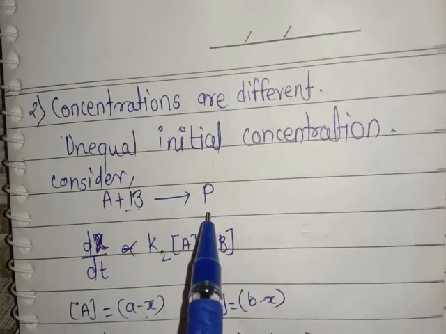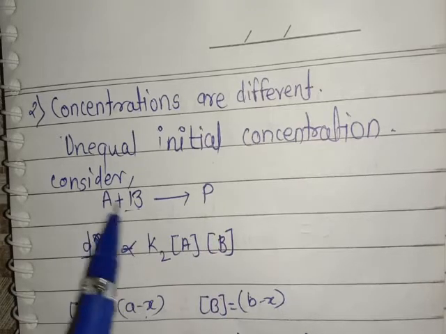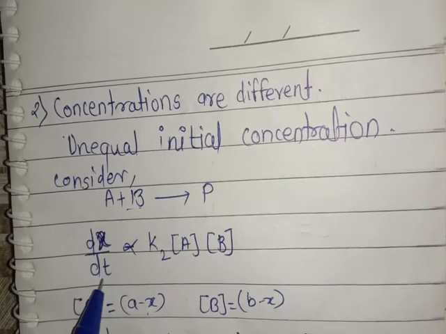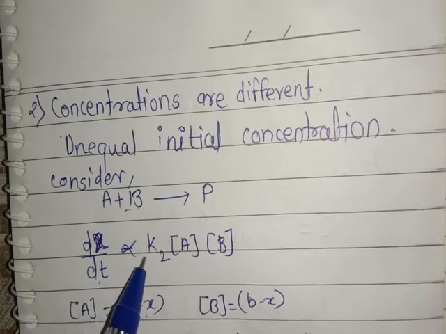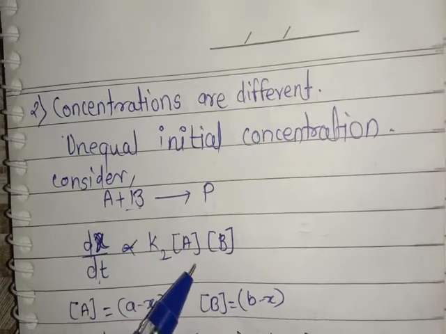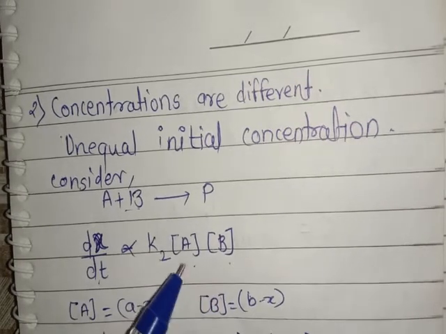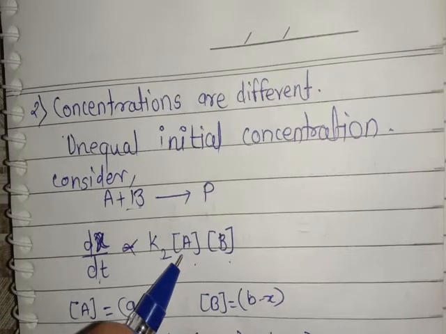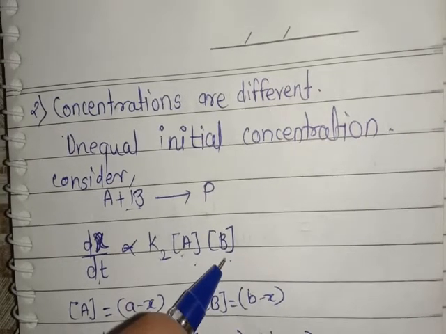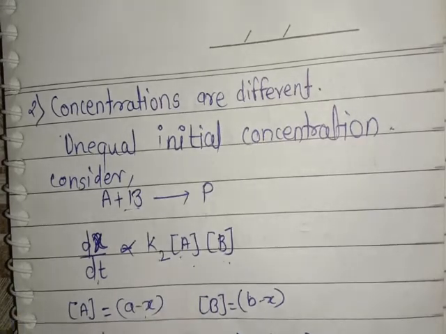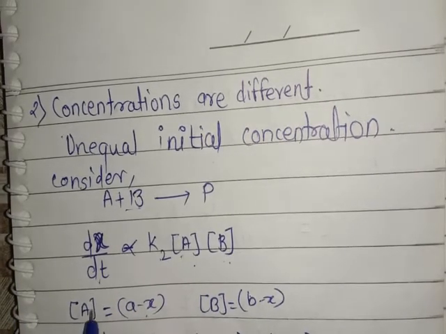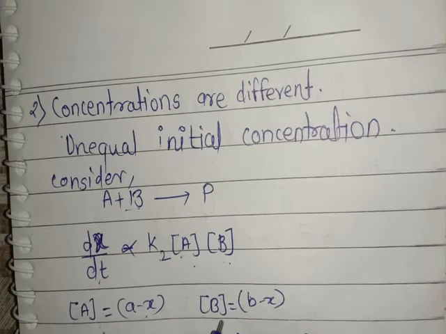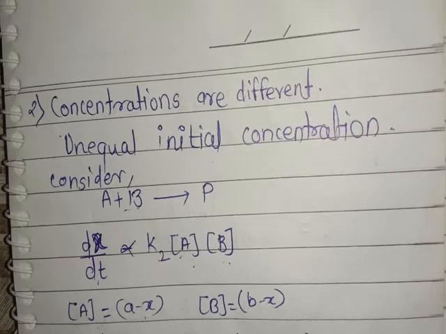Now we can write the rate for this whole reaction as dx upon dt is directly proportional to k2 into concentration of A and B, because here A has a different initial concentration and B has a different initial concentration. Now here we are considering concentration of A is a minus x, and here B is equal to b minus x.